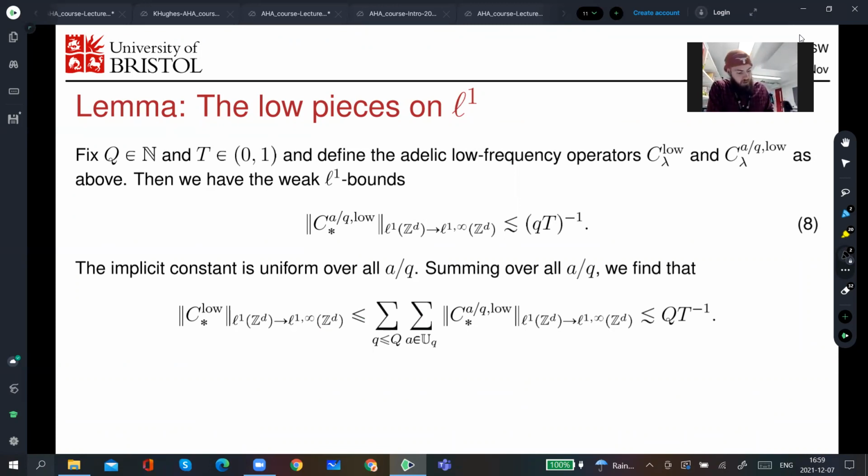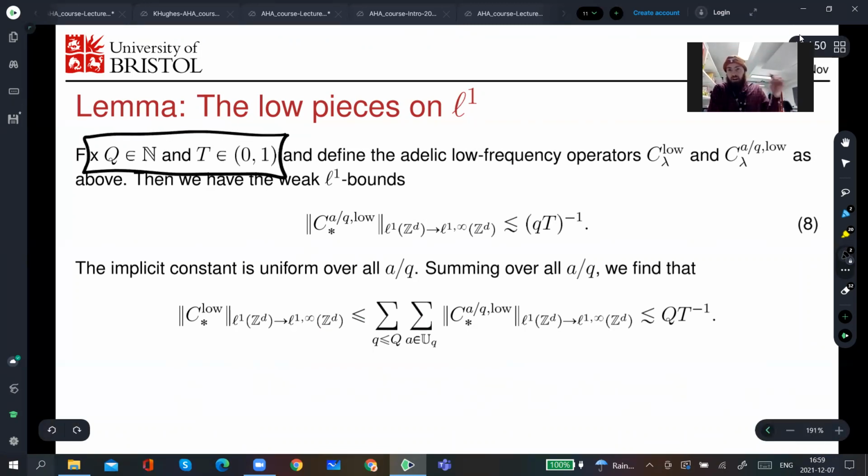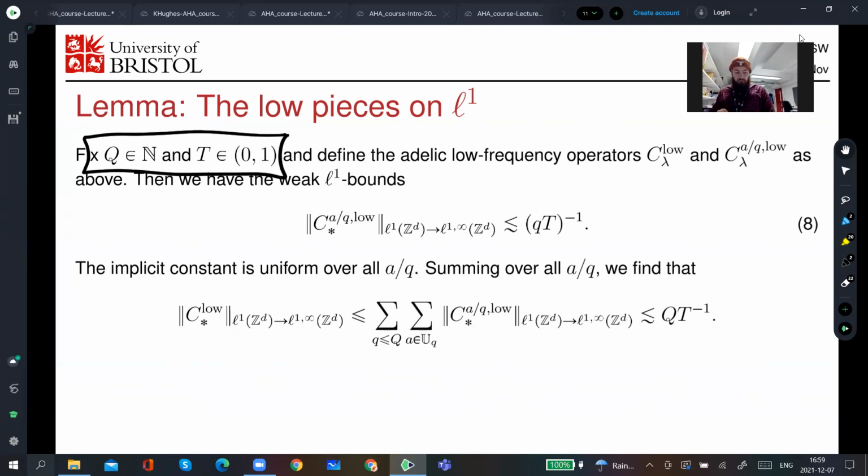Okay, great. So I fix my thresholds, T and Q again, and we're going to get a bound depending on those thresholds. If I fix a fraction a over q, I have the following weak type (1,1) bounds, and they depend on this little q and T. Now, that is for a low frequency piece.